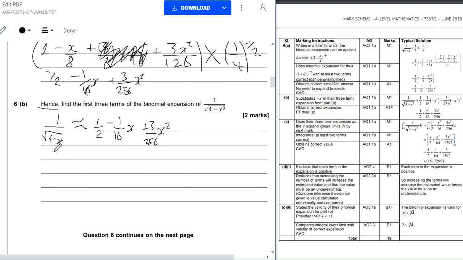So 1 over root 4 minus x cubed is going to be roughly equal to a half, there's no x's in there, minus x cubed over 16 plus 3x to the 6 over 256, because x cubed squared is x to the 6. And the reason I knew it was going to be nothing too hard is because it's 2 marks. There's not going to be much you're going to do.